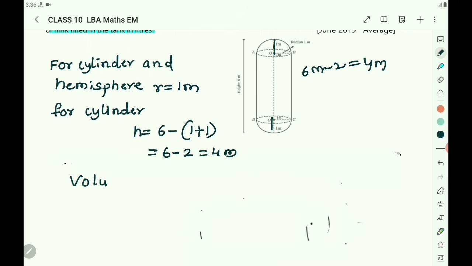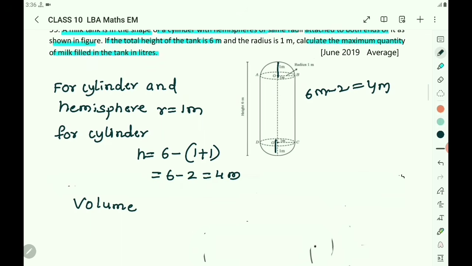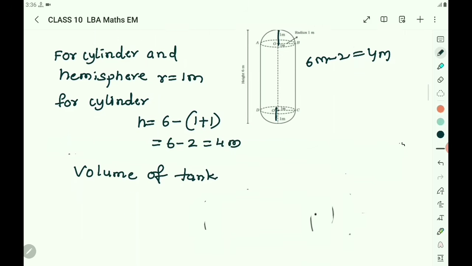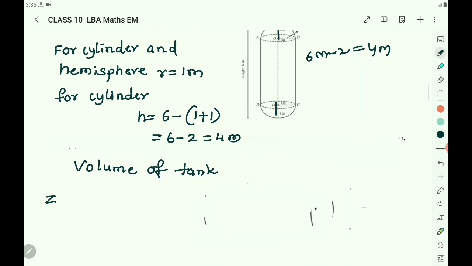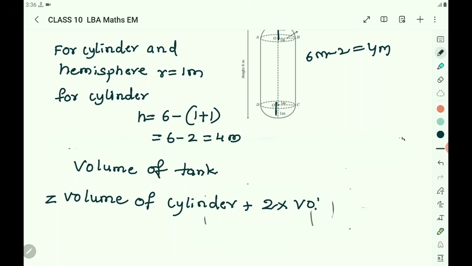Volume of the tank is nothing but the volume of the milk in the tank. Volume of tank is equal to volume of cylinder plus 2 into volume of hemisphere.